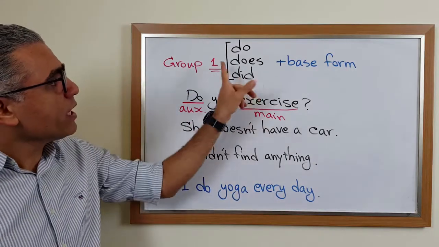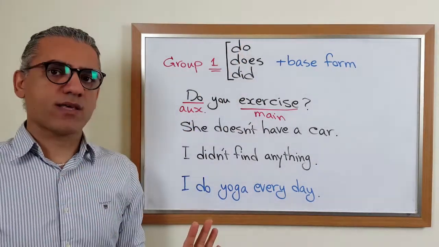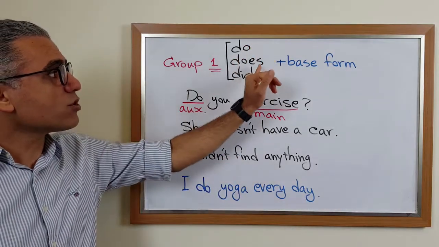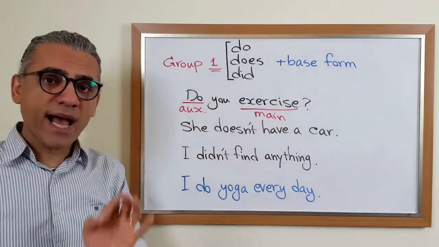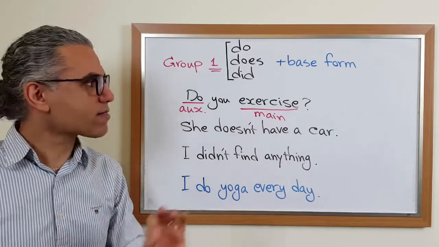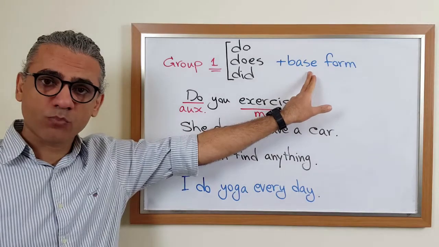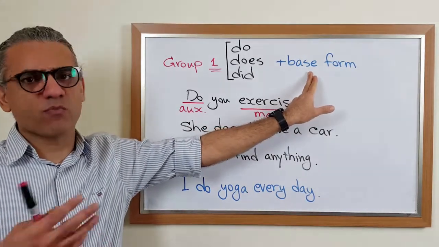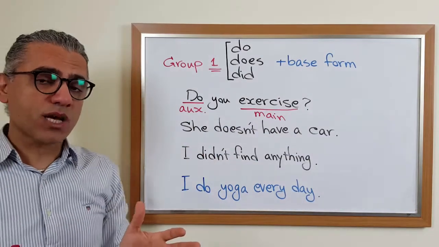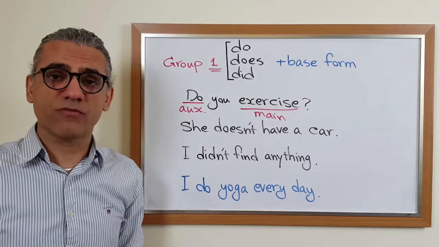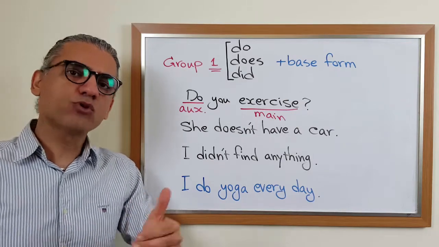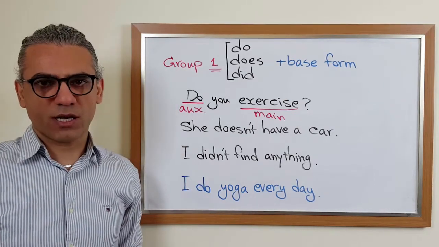For example, look, whenever, no exception guys, no exception, whenever we have do, does, or did as our auxiliary verb in any sentence, the following verb, which mostly is the main verb, I'll tell you later, because sometimes we have several auxiliary verbs in one sentence, and we could have one up to three auxiliary verbs in every sentence.